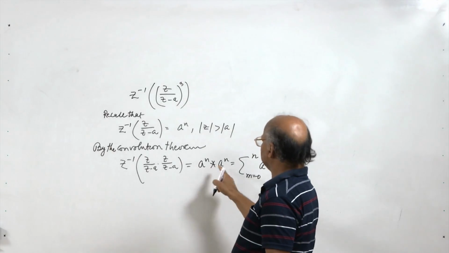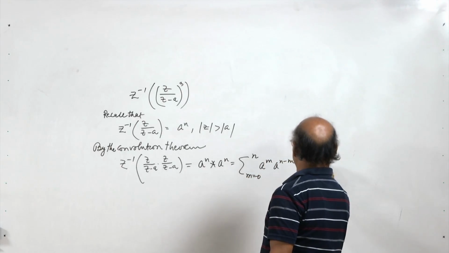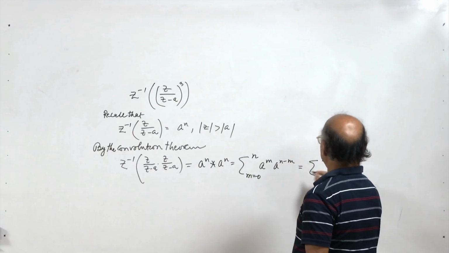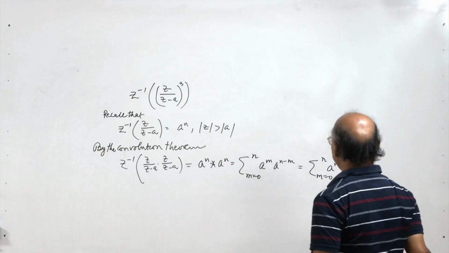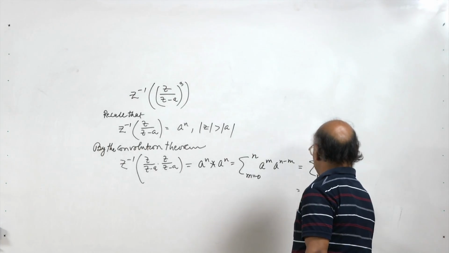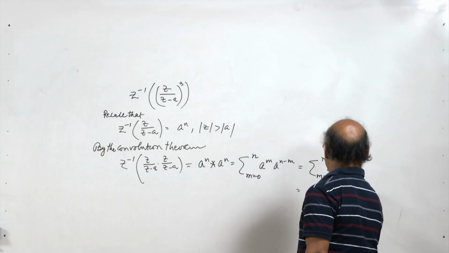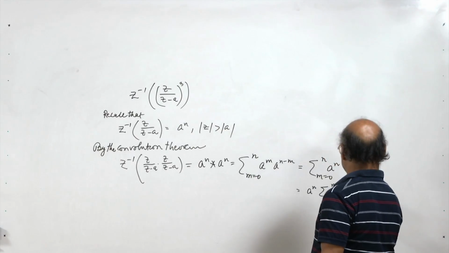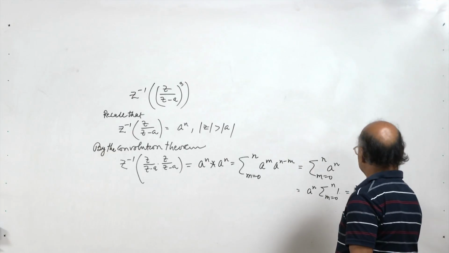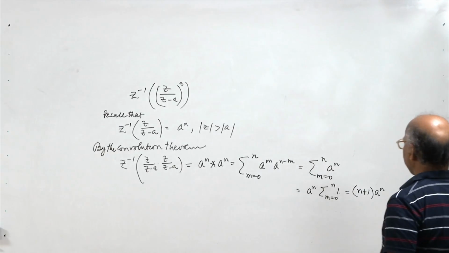This is equal to sigma m equal to 0 to n of a to the power n. Now, a to the power n is independent of the index m, so it can be written outside. This is sigma m equal to 0 to n applied to 1, so 1 is summed n plus 1 times. So, this is (n plus 1) a to the power n.